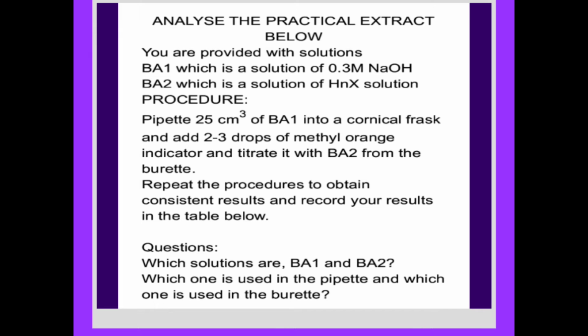But they are silent about the concentration of Ba2. Ba2 concentration was not given, but for Ba1 they gave us 0.3. That's why we are able to use it in our calculation. But for Ba2 we know nothing concerning concentration.